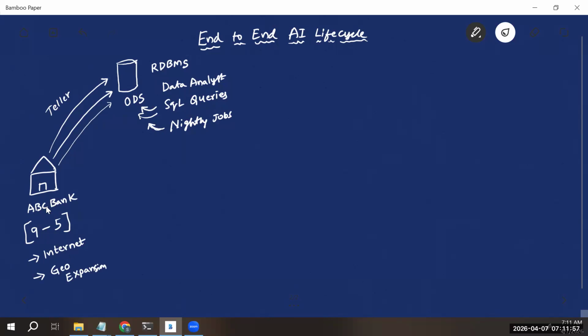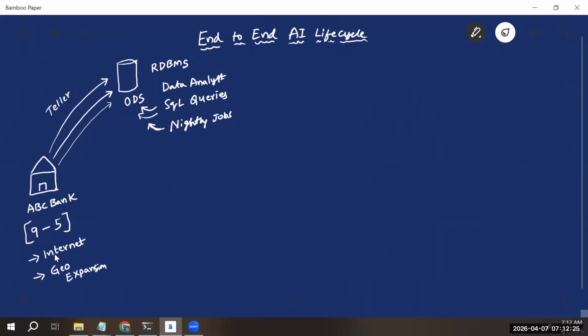So the company, a typical brick and mortar company, it could be a bank or a retail company or anything, they were coming online. So the bank is now online. It is 24 cross 7. There is a website, abcbank.com. So people can log into abcbank.com, can deposit money, can withdraw money, can transfer money, do all that stuff.